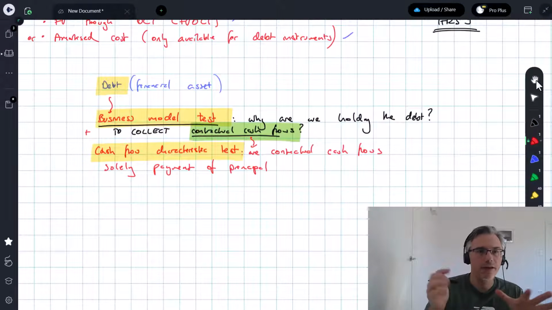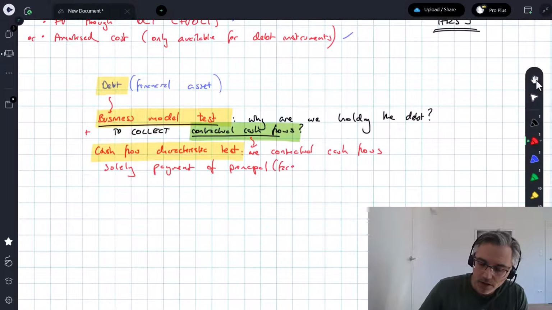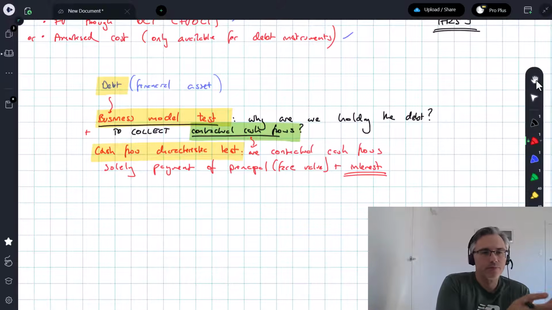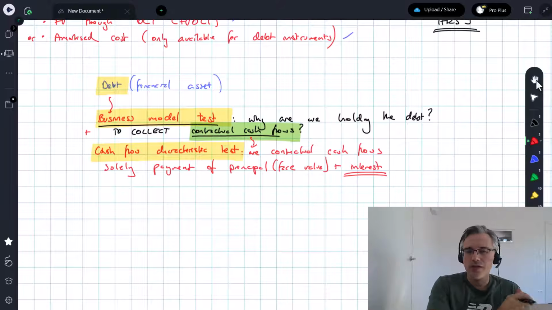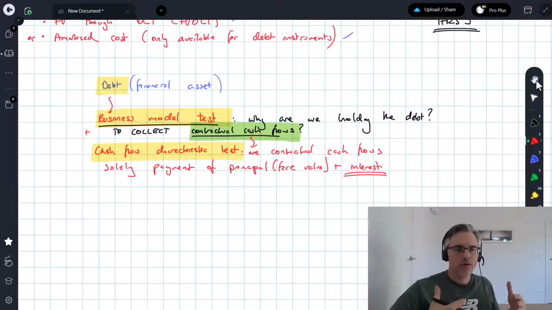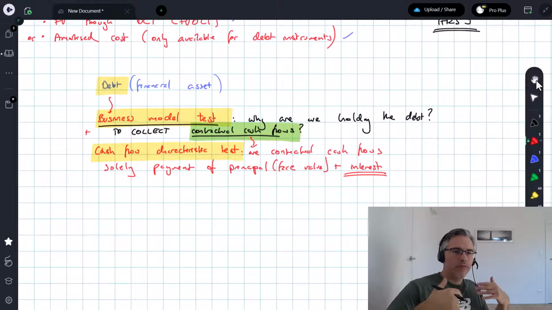Think of that as the face value of a bond, or the principal on a loan, plus interest. Interest is what somebody pays you as a reward for the passage of time and the risk that you're taking, and obviously anticipated inflation and all of that. So most normal bonds promise to pay you a coupon, interest, plus give you back principal at the end of the period.